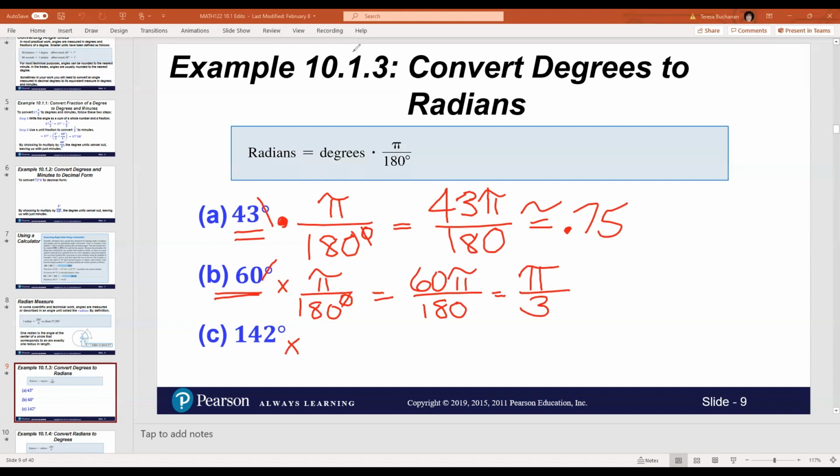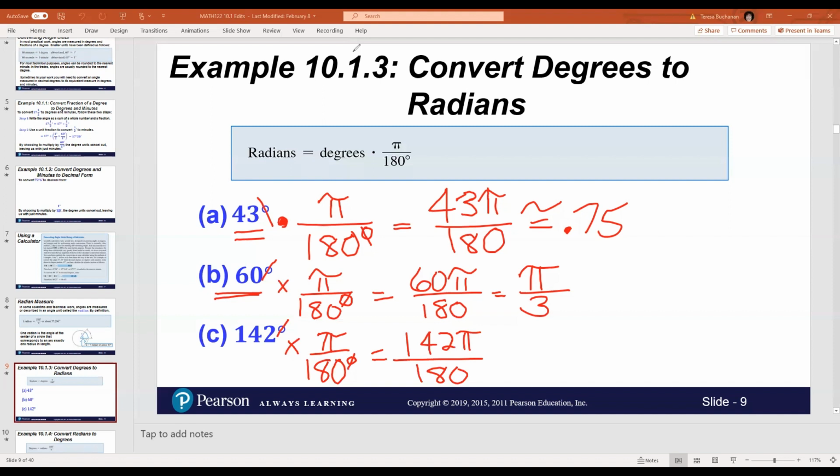142 degrees, again, multiplied by pi over 180. The 180 goes in the bottom because I want those degree units to cancel. I get 142 pi over 180. And again, you might think in terms of reducing the fraction there, because they're both even numbers, if nothing else. So that's 71 over 90.